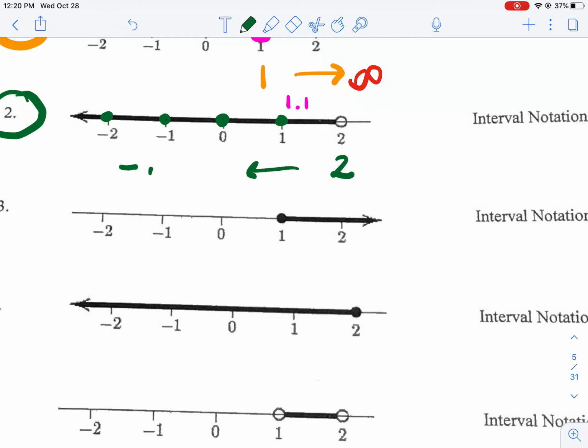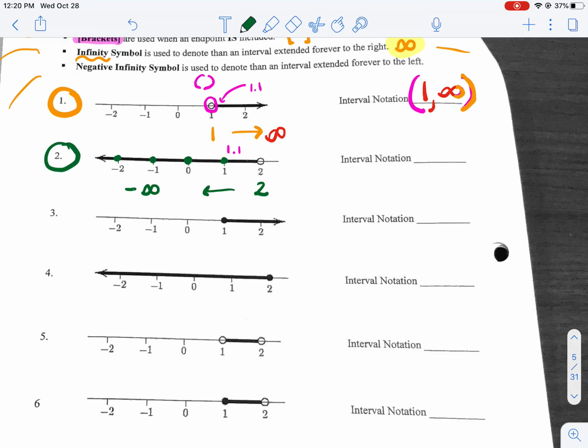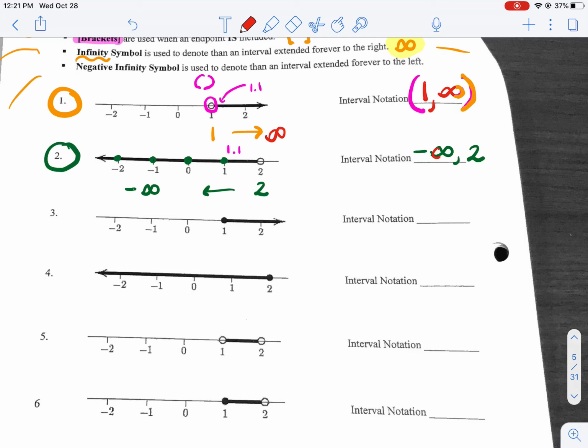So this is not positive infinity, but negative infinity. In the interval notation, I go to negative infinity, but I end at 2. Anytime you have an infinity sign, remember it's going to be curvy. And I have an open circle here, so that's also going to be curvy.